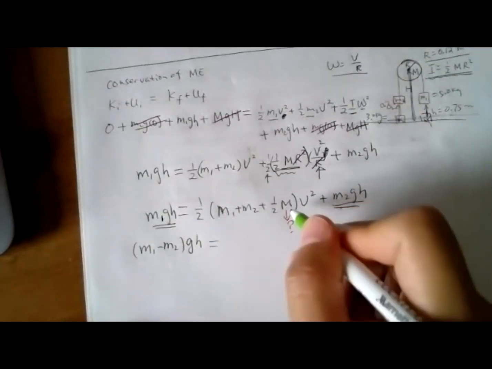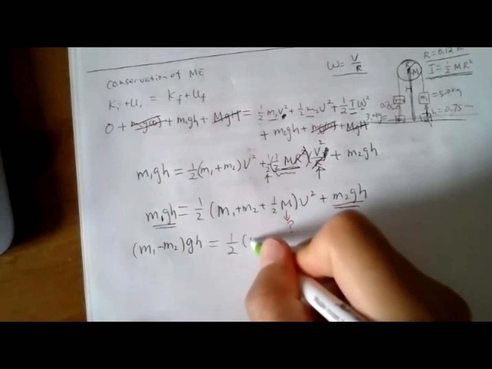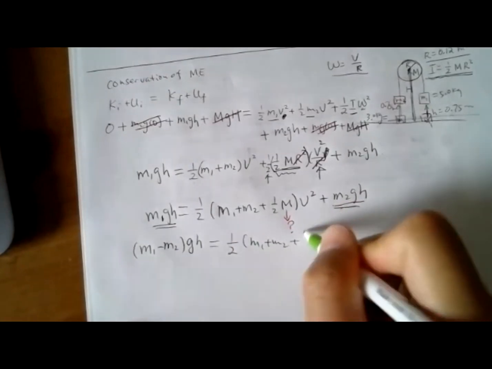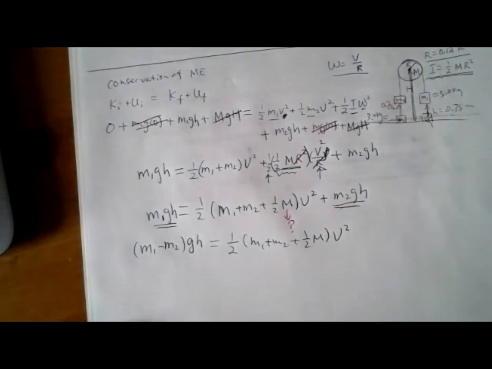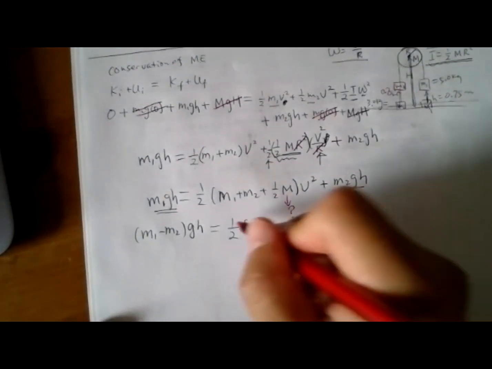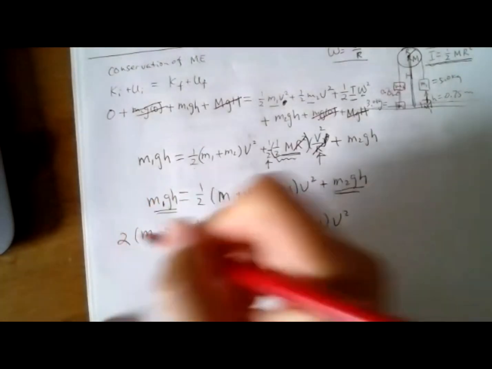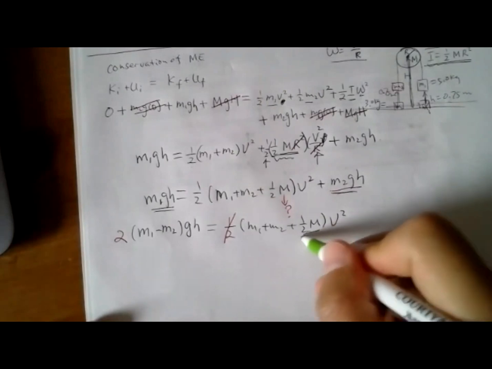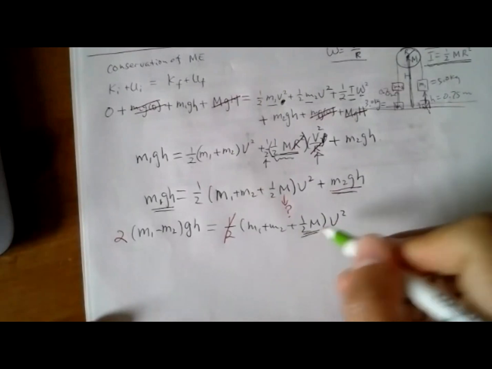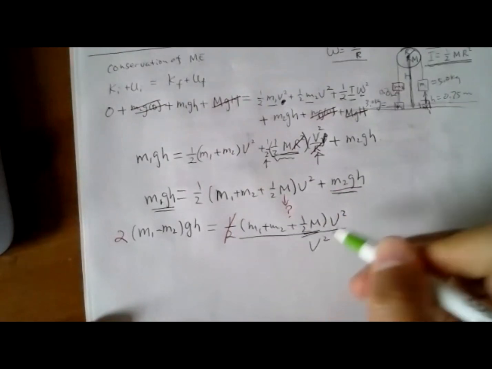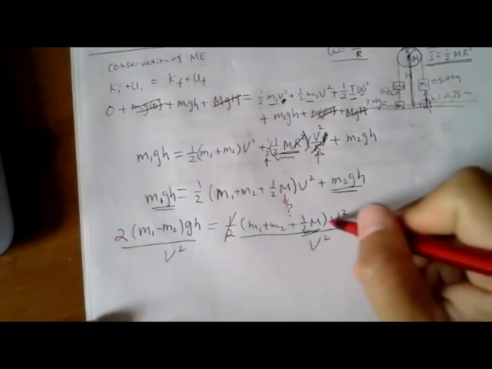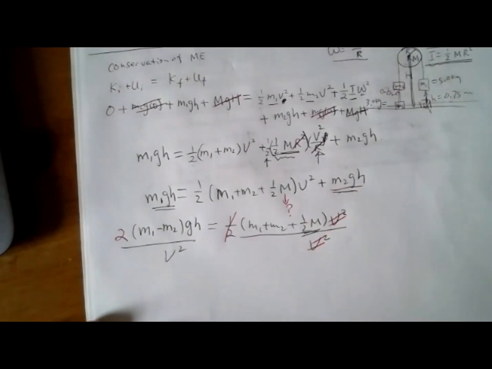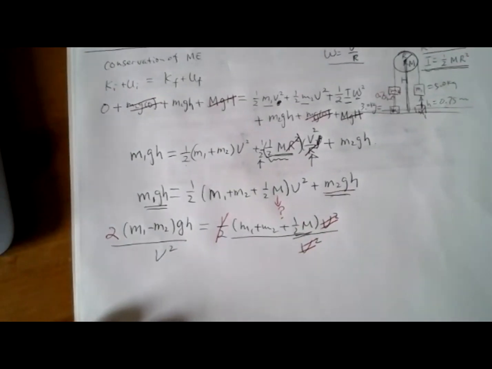equals 1/2 (m1 plus m2 plus 1/2 capital M) v square. You can multiply both sides by 2 to get rid of the 1/2. Now you're looking for capital M, so you divide by v square from both sides.